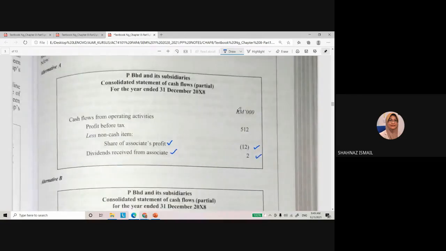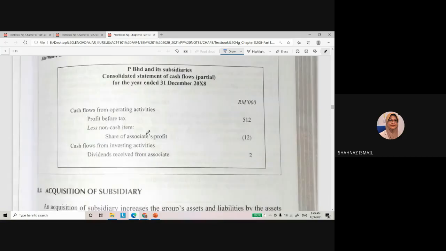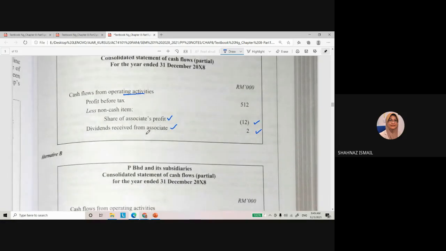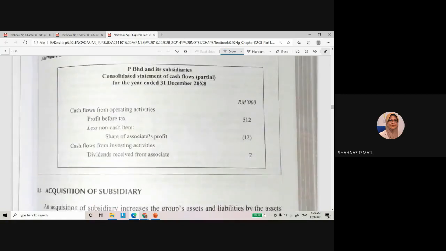Okay, so untuk share of associate profit kita akan masuk di bawah operating activities. Tapi untuk dividend, you ada choice, you can either put di bawah operating activities atau investing activities.